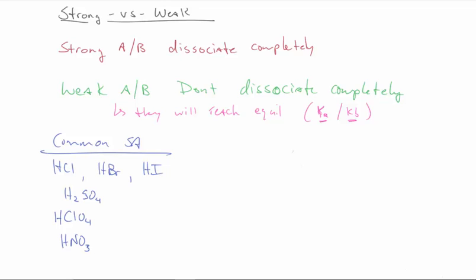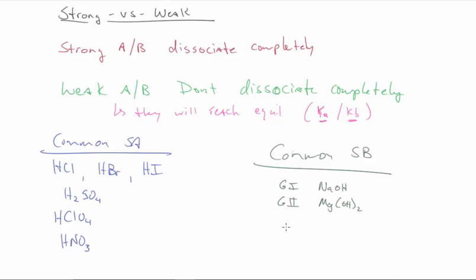The other end of the spectrum is my common strong bases. Common strong bases are your group 1 metal hydroxides, like sodium hydroxide, NaOH, and your group 2 hydroxides, like magnesium hydroxide. Notice I'm writing my formulas correctly there.